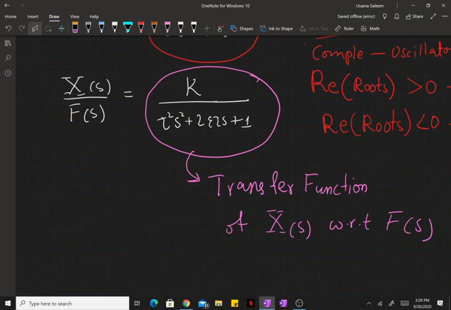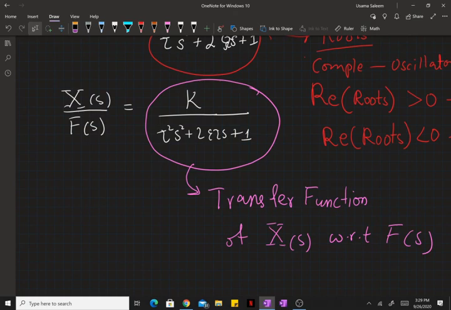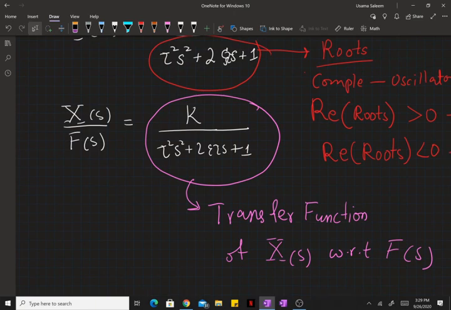A transfer function is one of the most important tools used in control theory because it captures and communicates all the essential information that is required to study the dynamic behavior of a system.